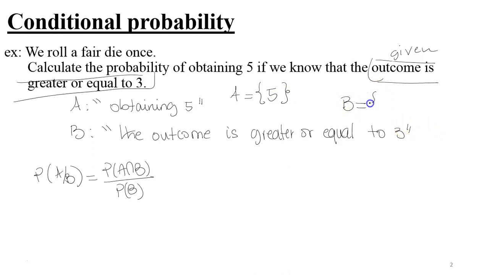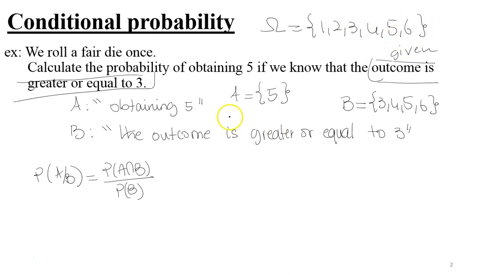While B, greater or equal to 3, has 3, 4, 5, and 6. While omega, the sample space, has all 6 faces as possible outcomes. So the probability of A inter B has in fact 5. Since A is a subset of B, then A inter B is A.